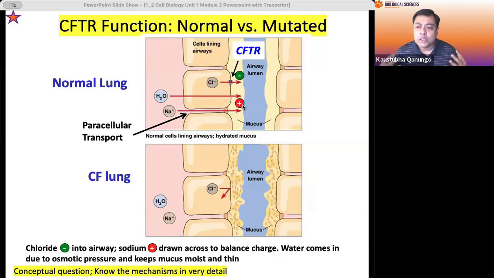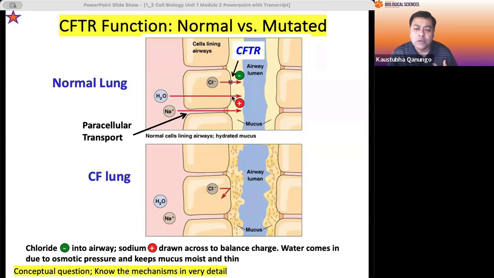Remember that salt always pulls water. So sodium chloride, Na+ Cl-, will pull the water through the cell. This goes through the aquaporin here and the aquaporin here; both sides will be aquaporin.